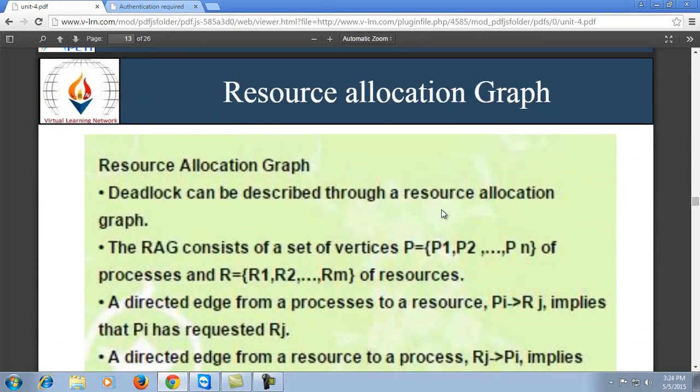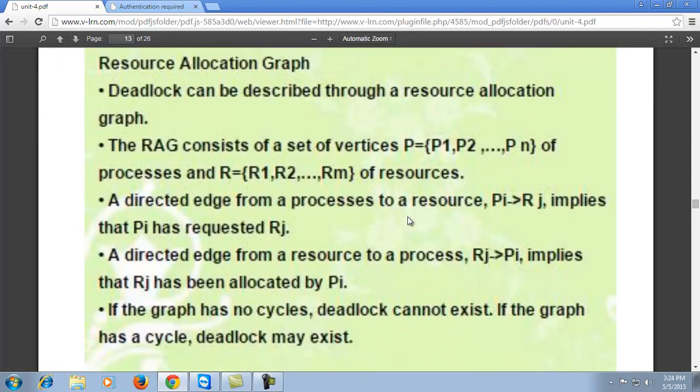So the next topic is the resource allocation graph. A resource allocation graph is a graph in which deadlock can be described in diagrammatic form, using processes represented as P1, P2, and resources represented as R1, R2. A directed edge from a process to a resource implies that Pi has requested resource Rj.